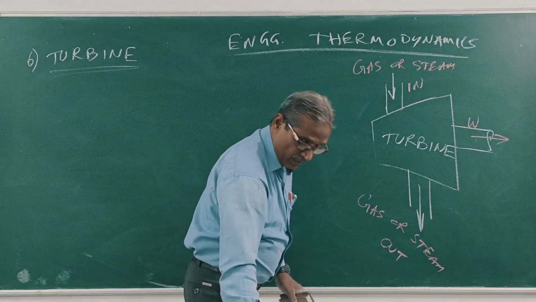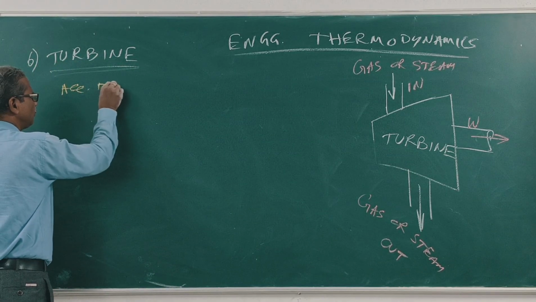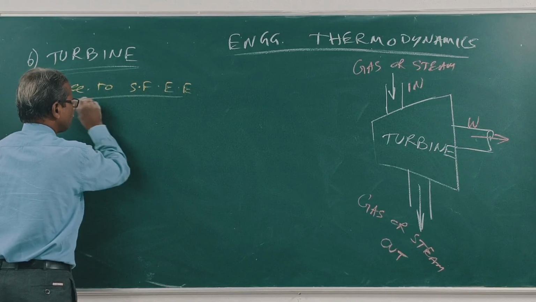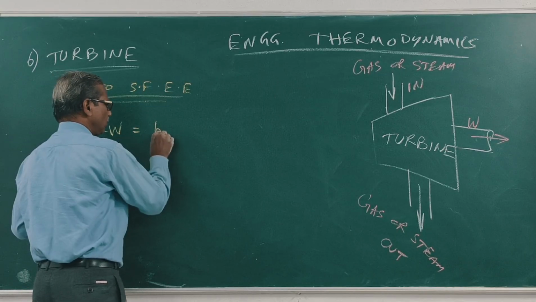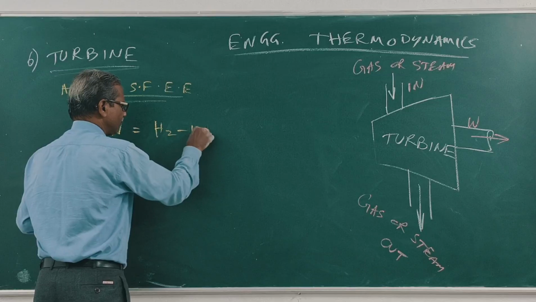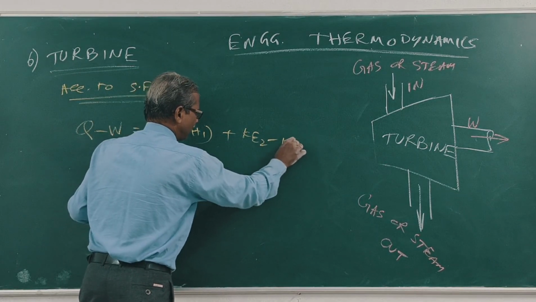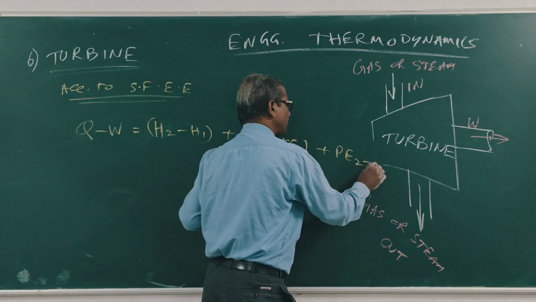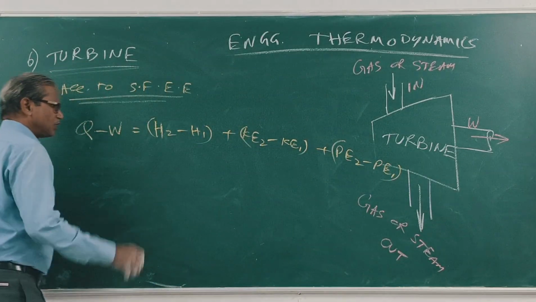Now, according to the steady flow energy equation, Q minus W is equal to H2 minus H1 plus K2 minus K1 plus P2 minus P1. Clear? This Q is 0.